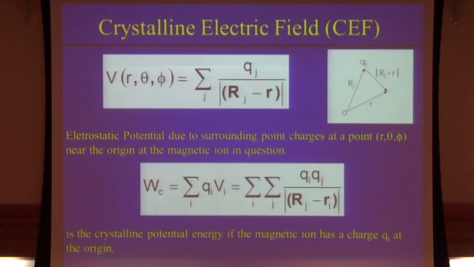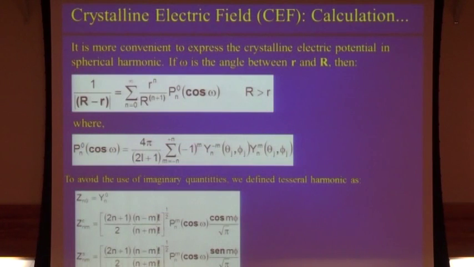You need to calculate the energy associated with all the charges around your magnetic ion that's close to the origin, right? Okay, so it's much more convenient to express this potential in terms of polynomials that are related to the spherical harmonics.